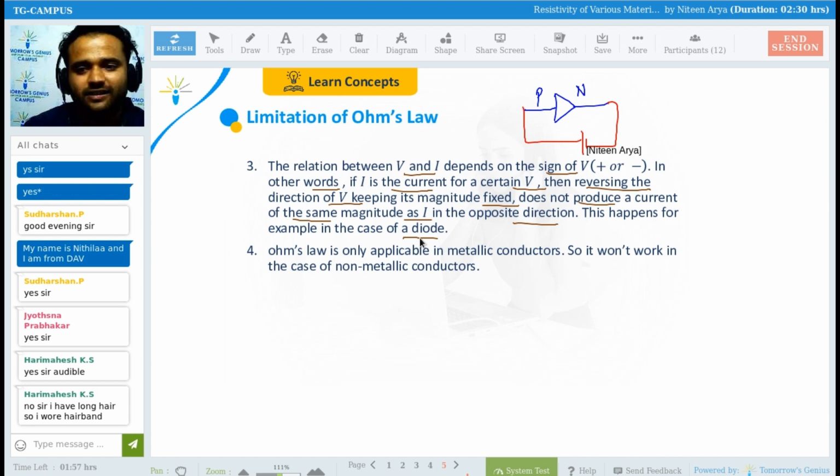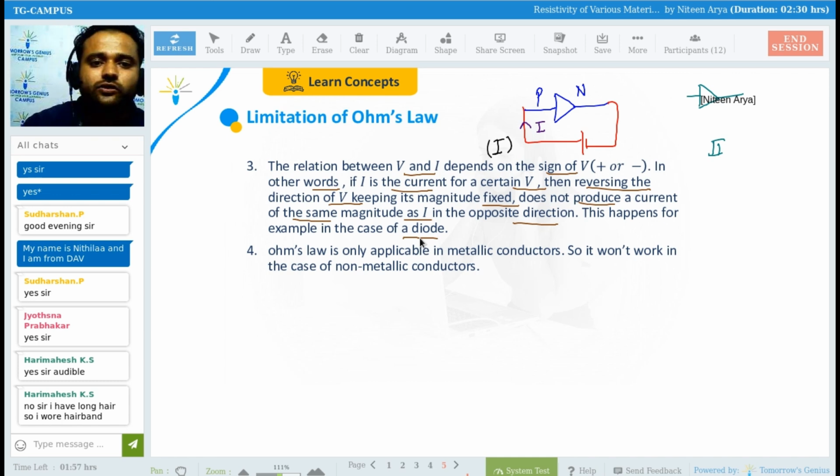So this is your case number 1. This is then going to be the current. In case number 2, if I am reversing the direction of your battery voltage terminal, this now becomes negative, this is positive.